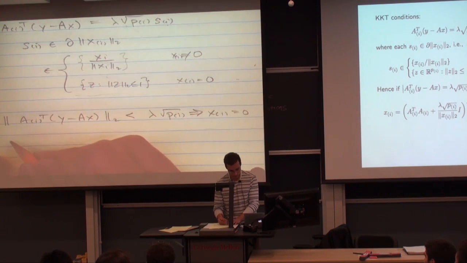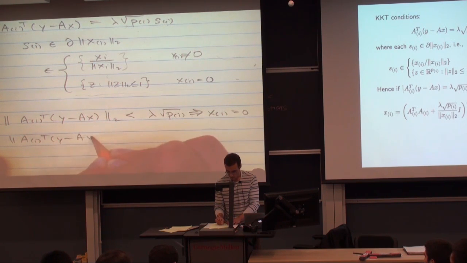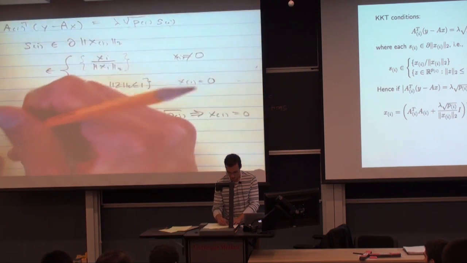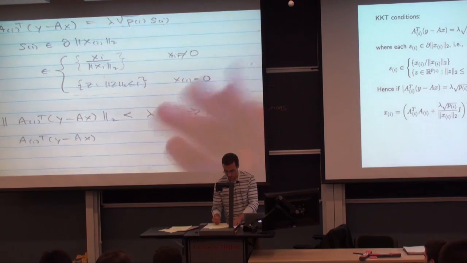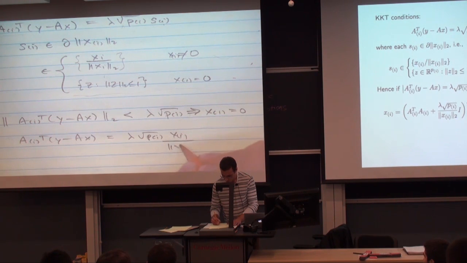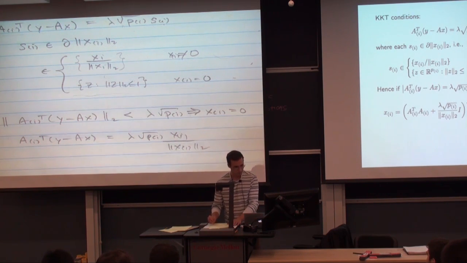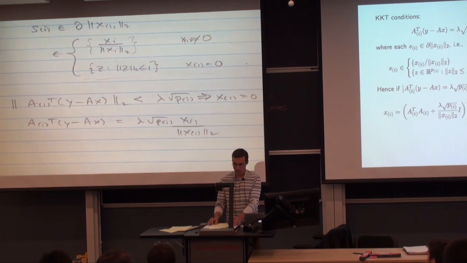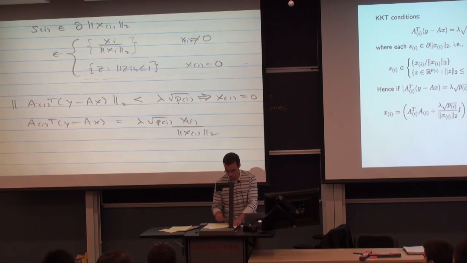Okay, if it's not true, in the other case, if I actually get equality here, then this is actually equal to lambda times the square root of pi times xi over its norm. That's the other case. In this case, I can solve for xi. I can just rearrange terms and solve for xi.